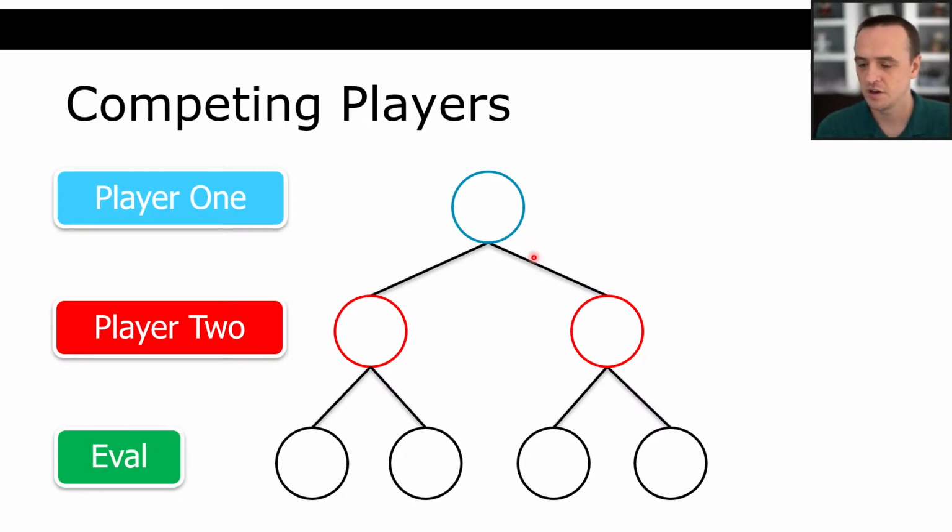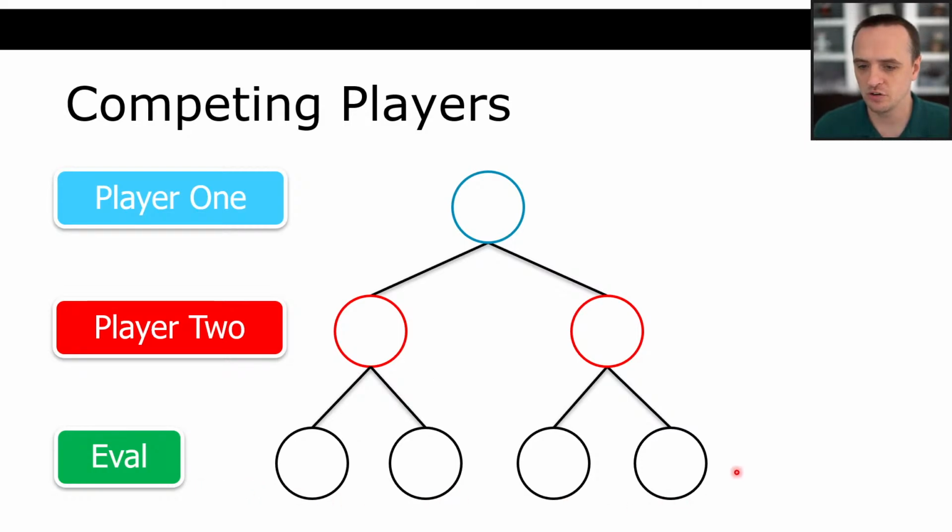At some point, we're going to reach the limit of our search, right? Either we've run out of time, or we've set a depth limit, or we've run out of memory, or something like that is going to happen where we have to say, okay, we haven't searched the entire game tree because that's too big, but I have to stop here. I just have to stop. Something is telling me to stop.